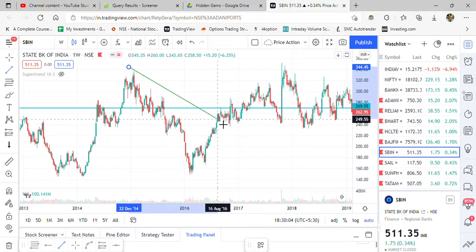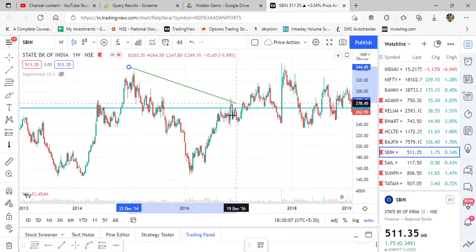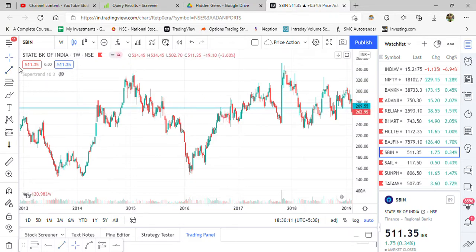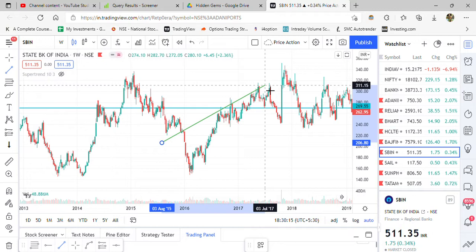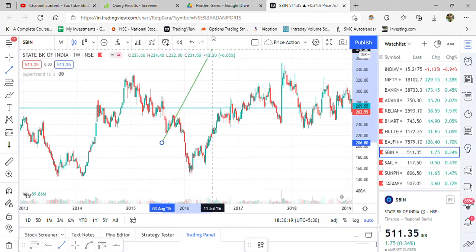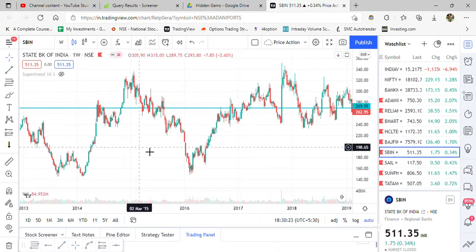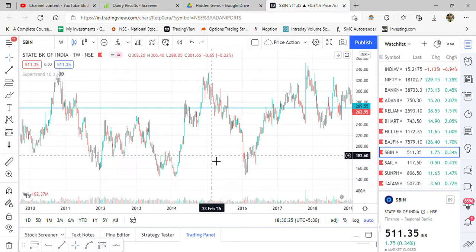It should be at least 45-degree and above. Again, for an upward one also, it should be a little below the 45-degree. It cannot be like the standing one. Otherwise, it will not get validated. So while marking the trend line, always remember this point.